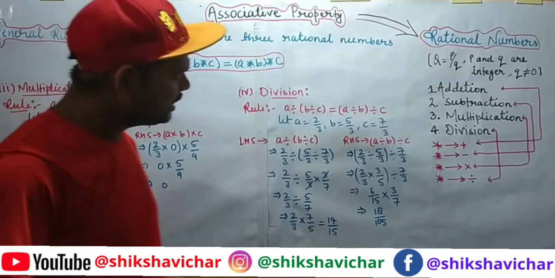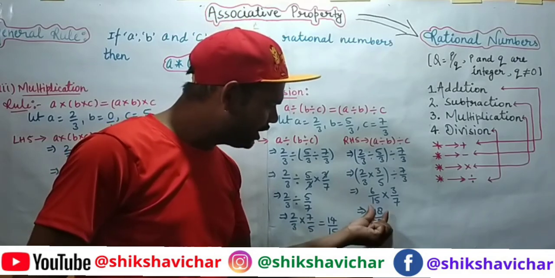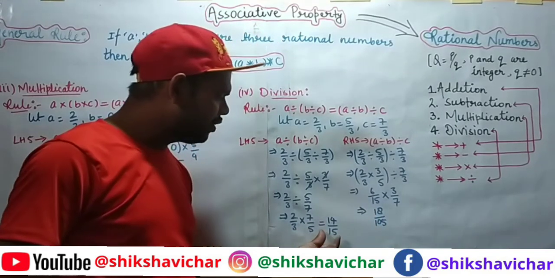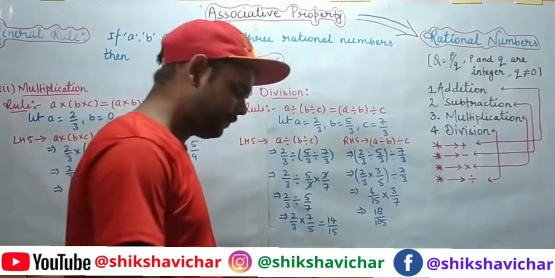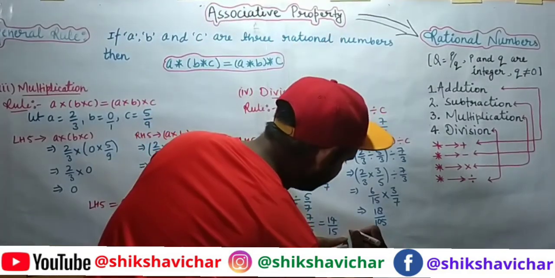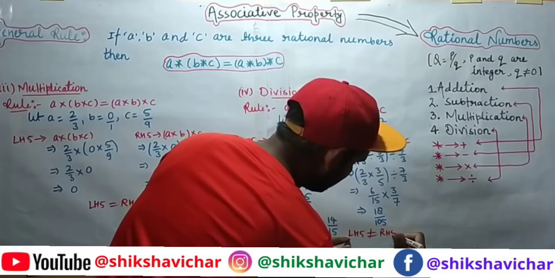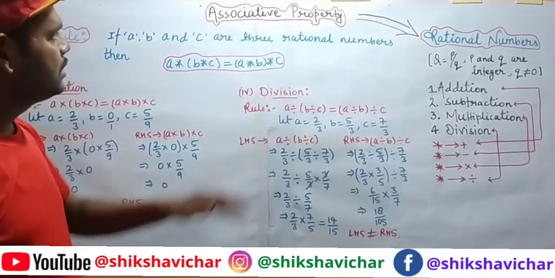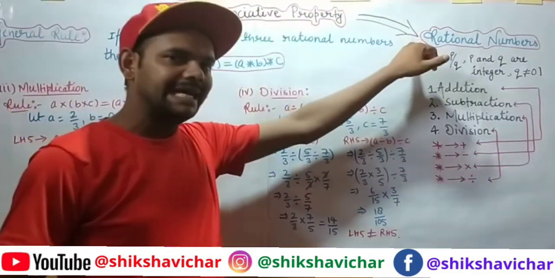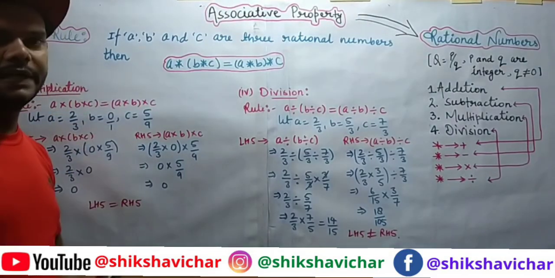So we can see that the value of the right hand side is 18 upon 105 and the value of the left hand side is 14 upon 15. That means these two values are not equal. That means LHS is not the same as RHS. What does it mean? It means that the associative property for rational numbers over division is not satisfied.